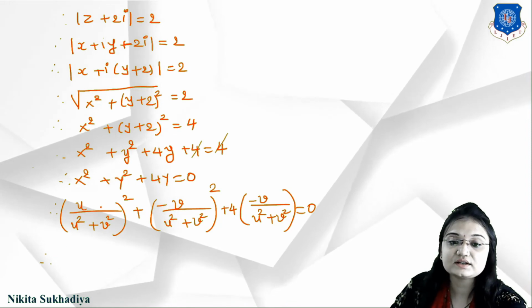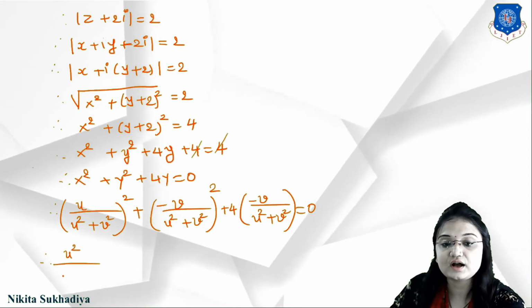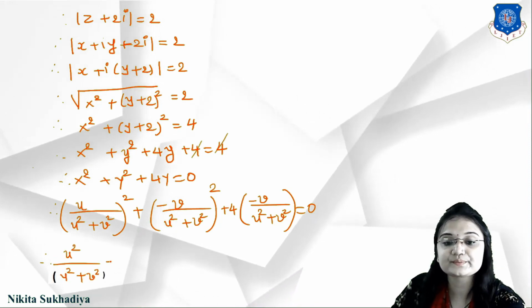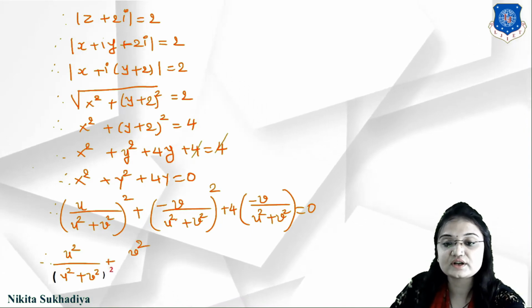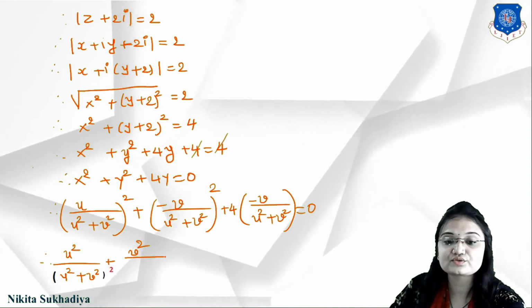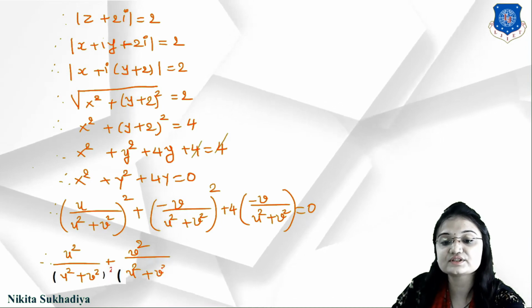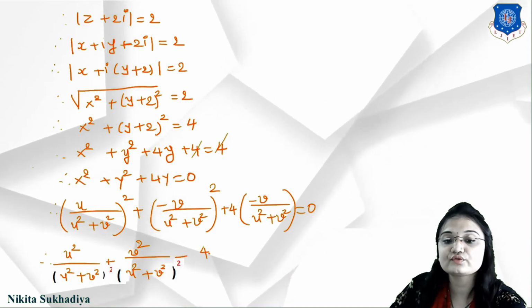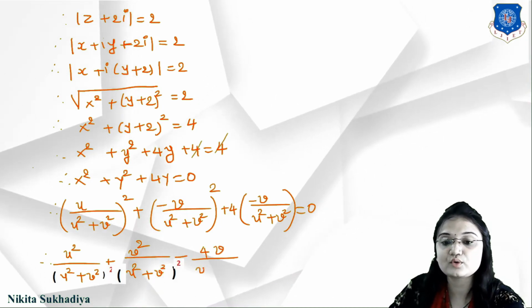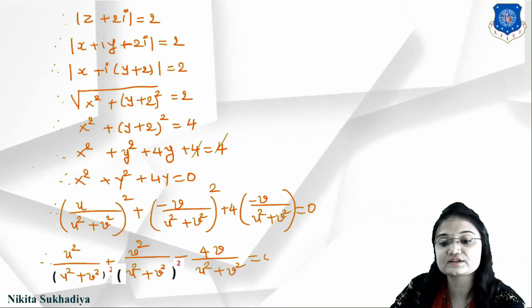Okay, and here this is nothing but u² upon (u² + v²)² plus v² upon (u² + v²)², and this is 4v, but minus 4v upon (u² + v²) = 0.